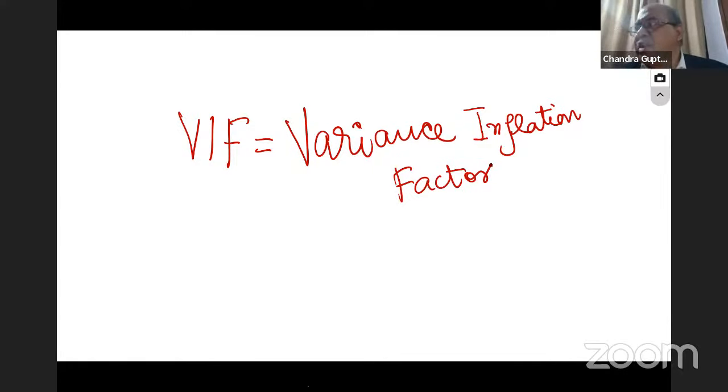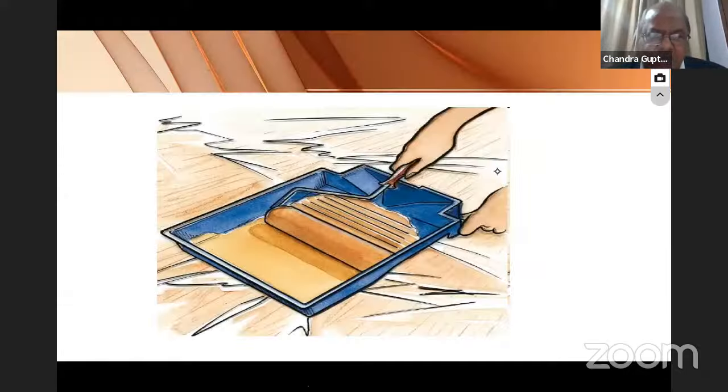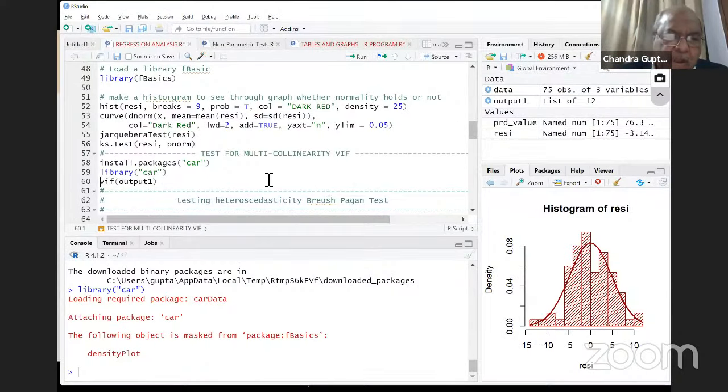Madhu is saying to check multicollinearity. Yes, Kavita. For checking multicollinearity among the variables, we use VIF test. And to have VIF test, you have to download a package called car. And you simply write VIF of the output.